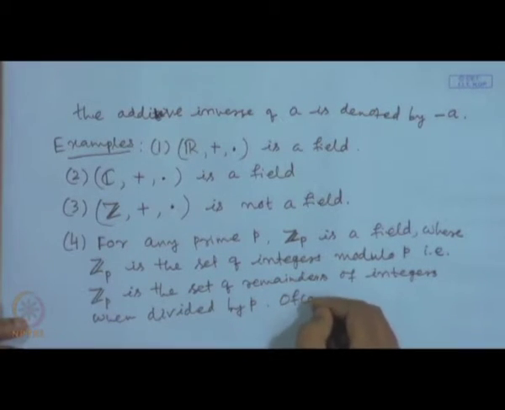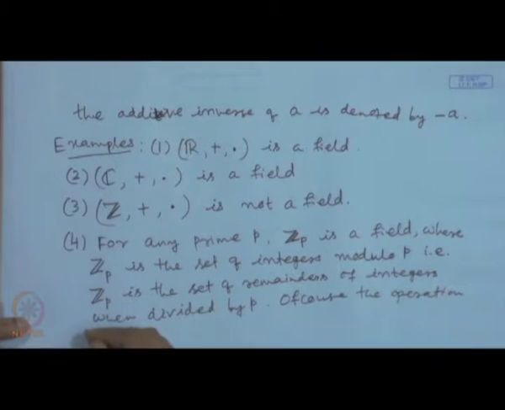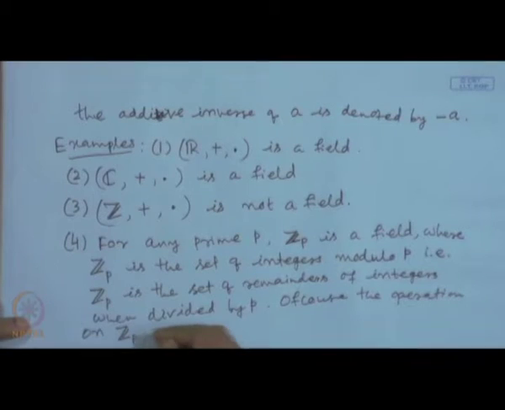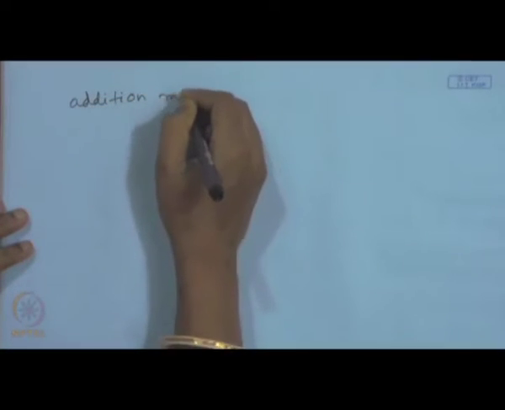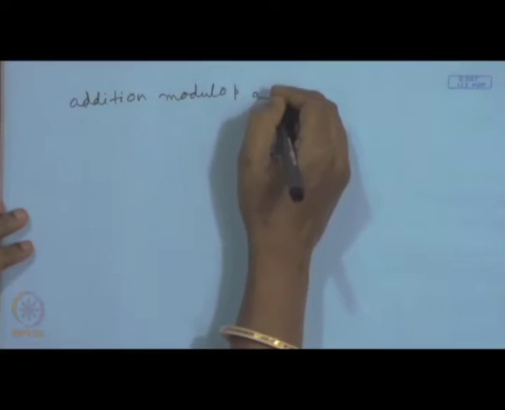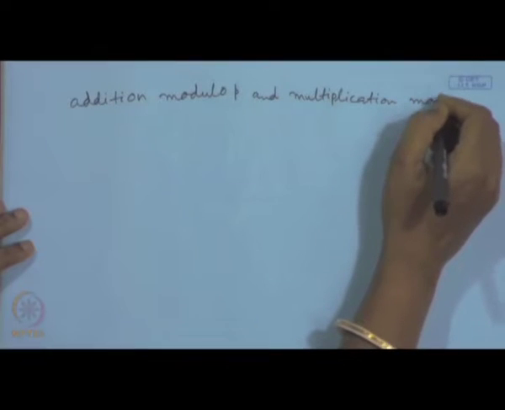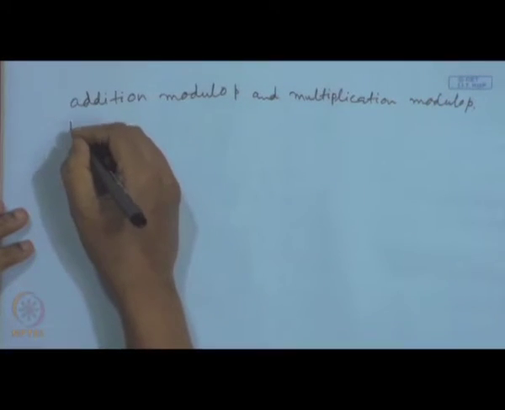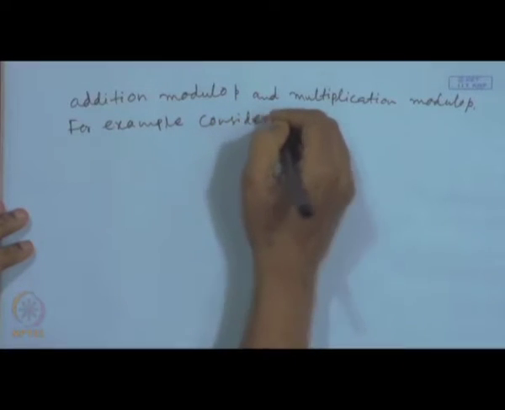Of course, the operations on ZP with respect to which ZP is a field are addition modulo P and multiplication modulo P. For example, consider Z5.